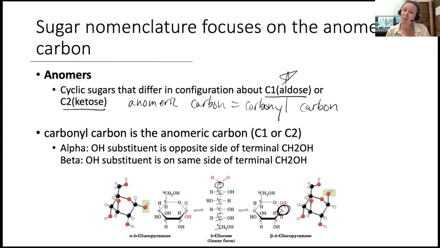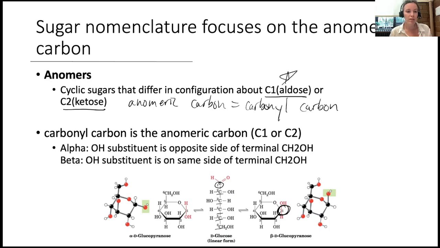It's just harder to tell because we no longer have that carbonyl. But if we're comparing linear and cyclic, we can tell, okay, carbon 1 has the carbonyl, carbon 1 must be the anomeric carbon. Same goes for ketoses. If the ketone is at carbon number 2, carbon number 2 is the anomeric carbon.